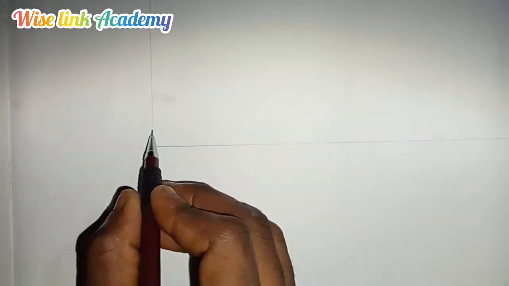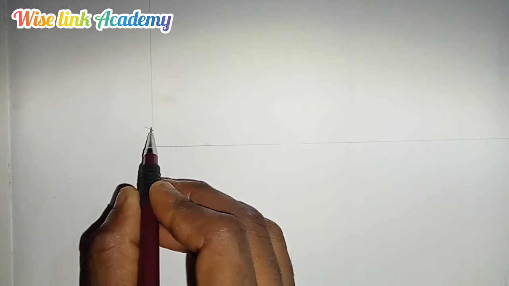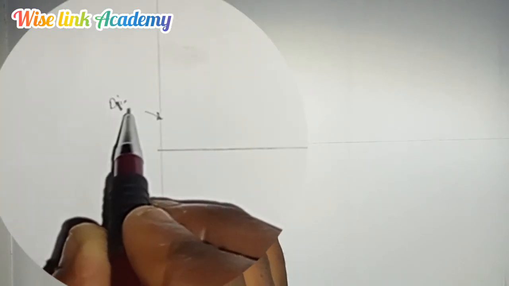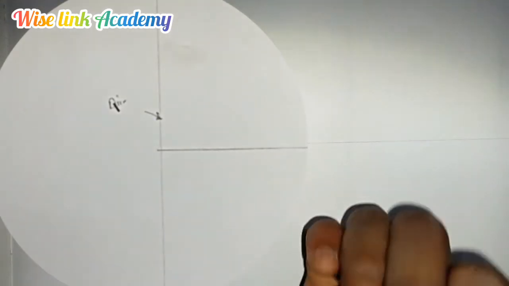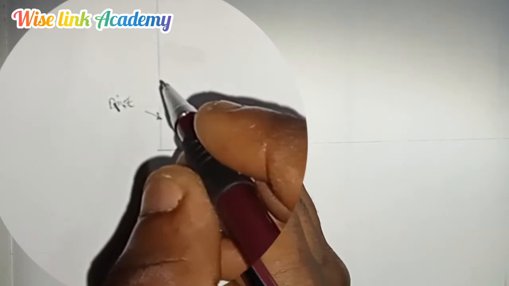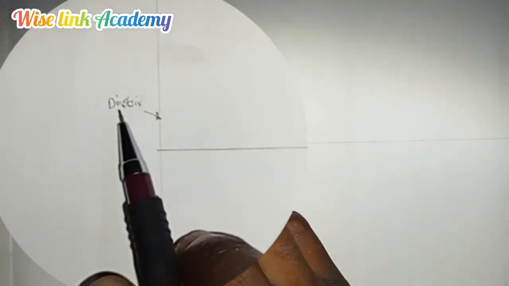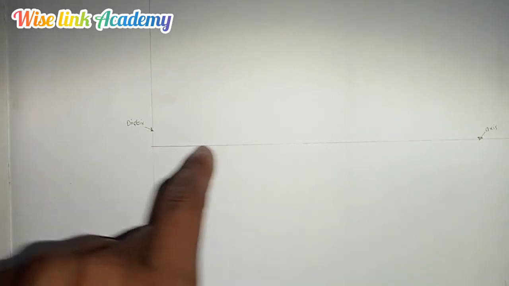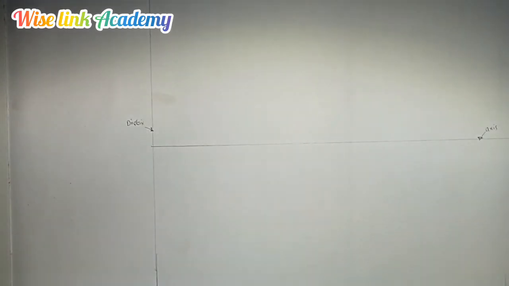So now this line is called the directrix, and this horizontal line is called the axis. Now I said we want to measure from the directrix to somewhere here, which will be your focal point.